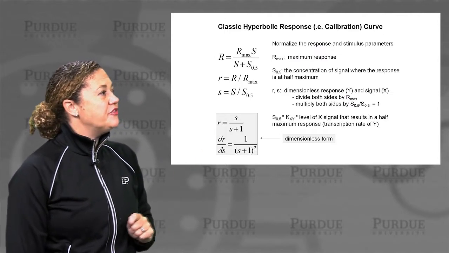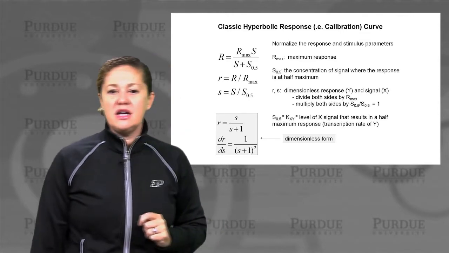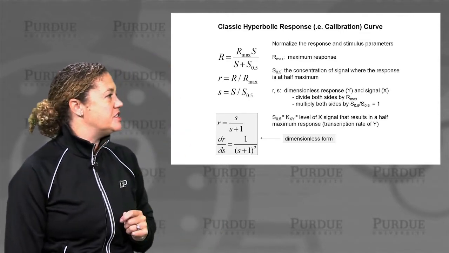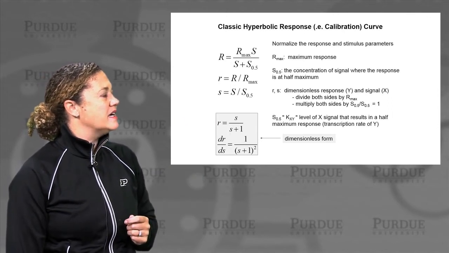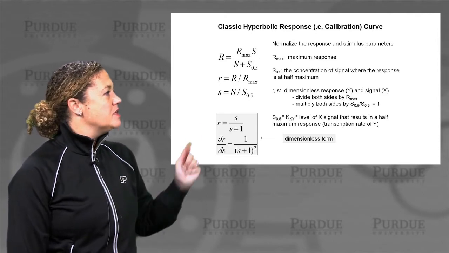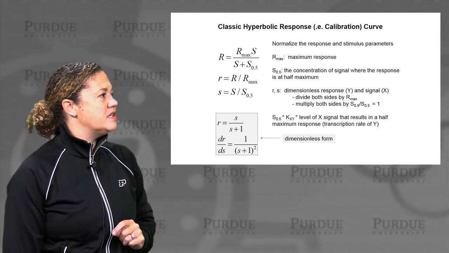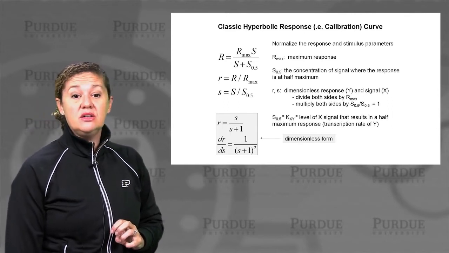So in our Hill function, if our Hill coefficient is just 1, we have basically our classic hyperbolic response as our calibration curve. So something we're going to do here now is to normalize the response and the stimulus signal.